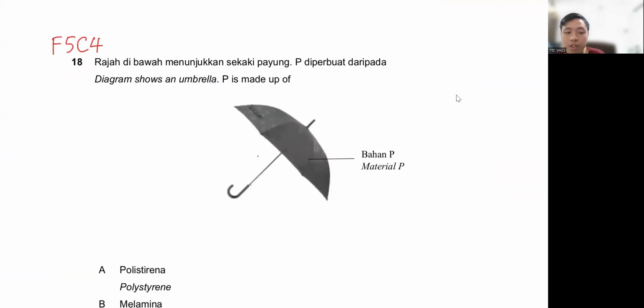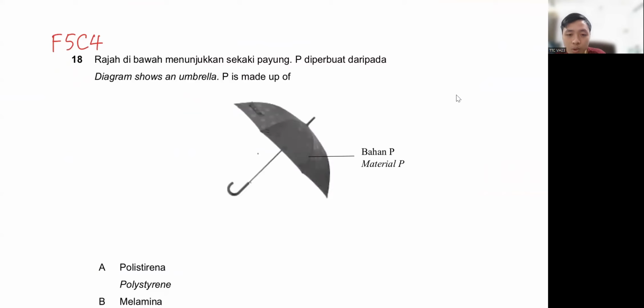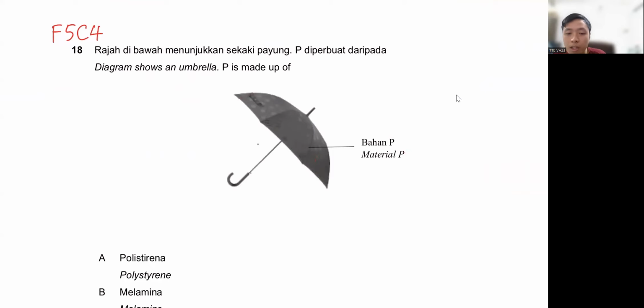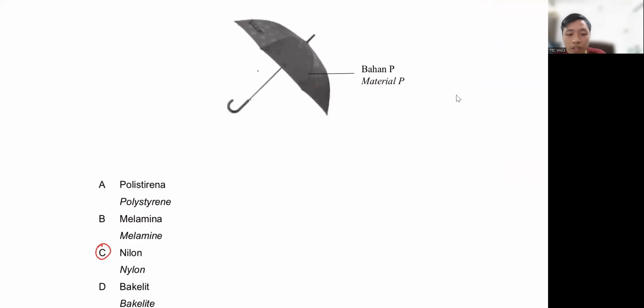Question 18 is Form 5 chapter 4. This one is made up of material P, and it is talking about all the polymers out there. The answer is C, yes, nylon. So nylon, not polystyrene. Polystyrene is for food packaging.